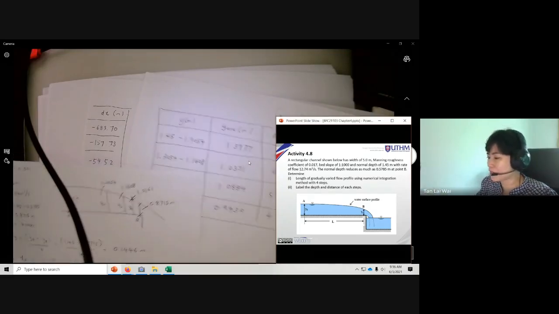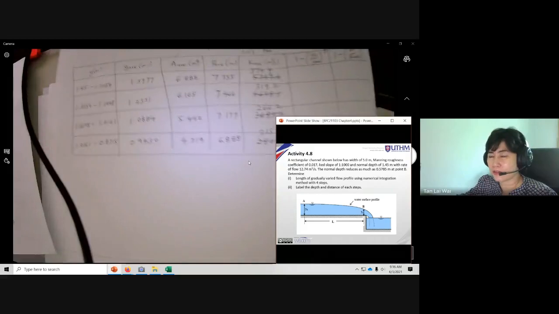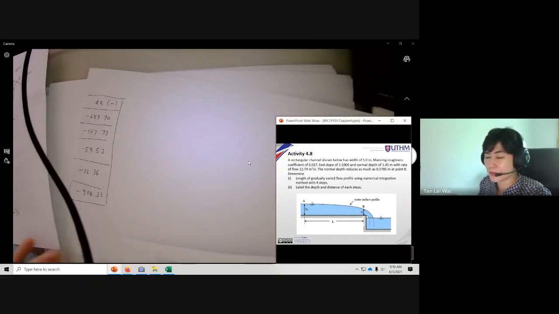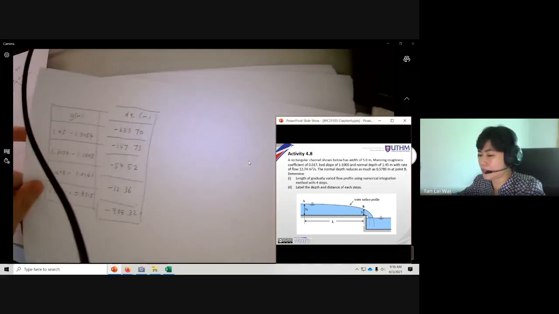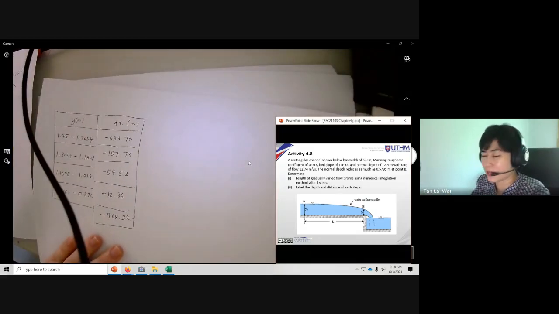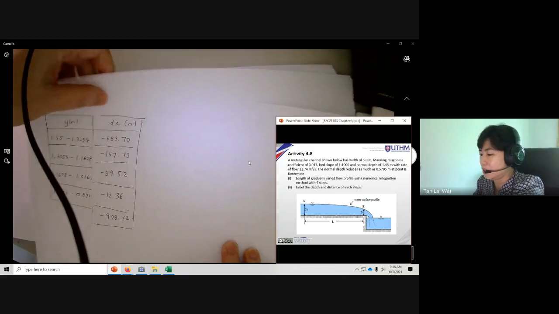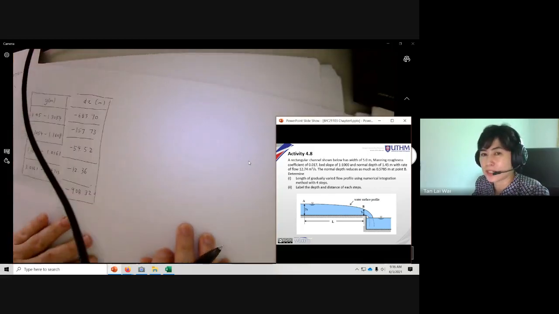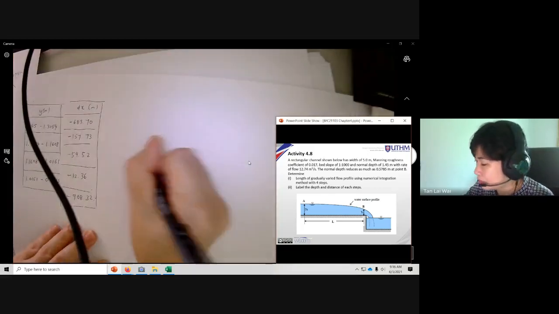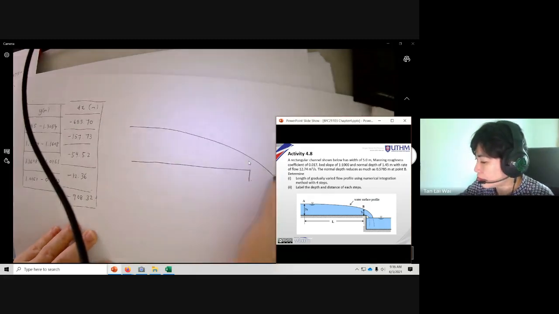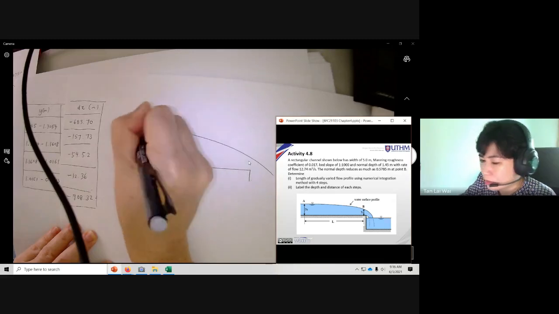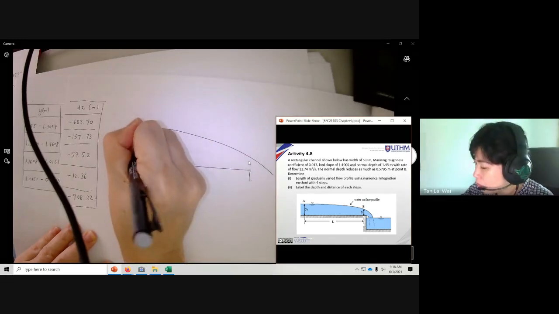So I'm going to draw this out. I'm going to compare next to next, and I'm going to label the depth. So I have 1.45 meter.